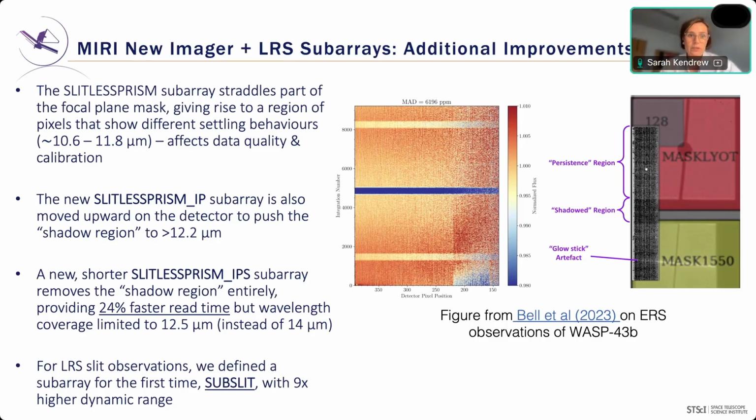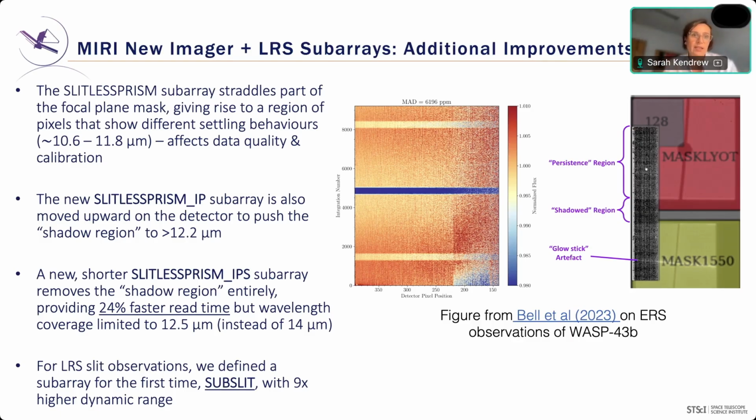And then finally, we also, for the first time, defined a subarray around the slits. For the fixed slit LRS observations, I said at the start, we always read out the full array. Well, now from cycle 6, that's not true anymore. So we have defined a sub-slit subarray that has 9 times higher dynamic range, so that now with the slits, we can also go to brighter sources.